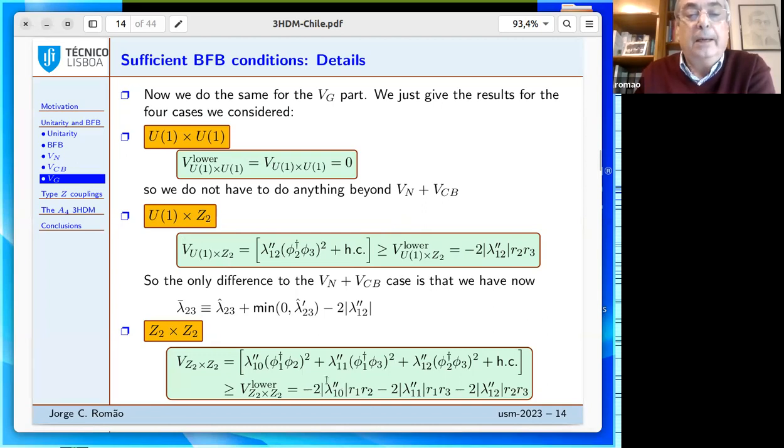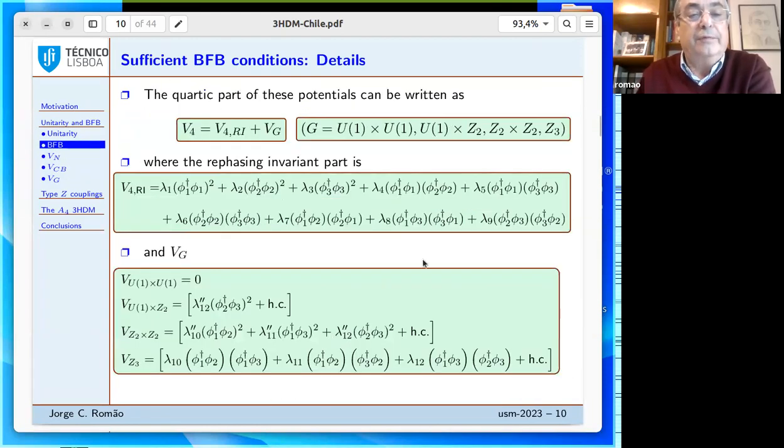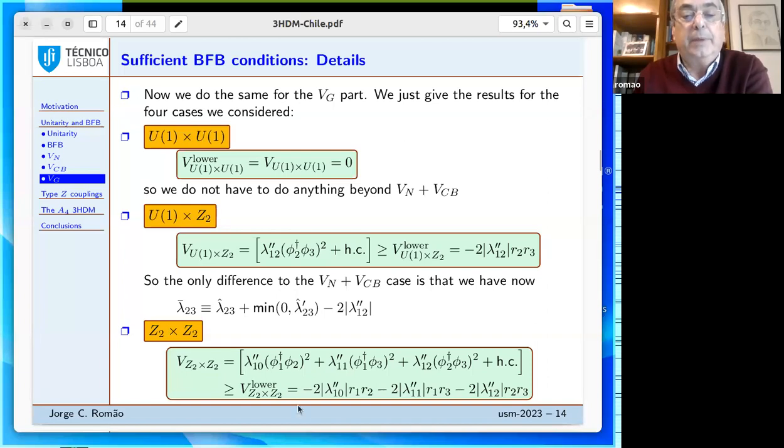Now you have, let me perhaps go back. You have these terms, then you substitute the phi's, then you write an expression in terms of R1, R2, and R3, and it turns out that the expression is this one, and now you get a lower bound for Z2 cross Z2.